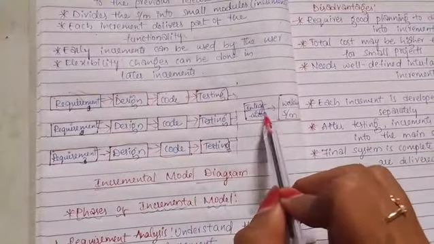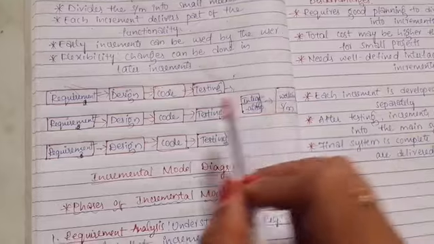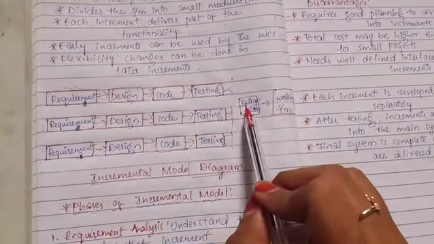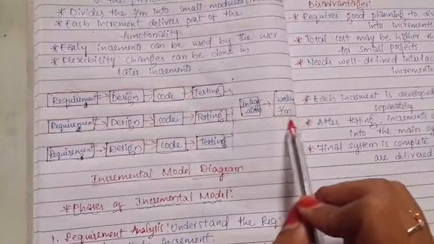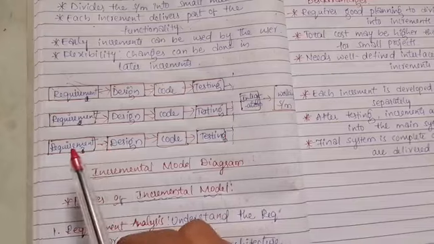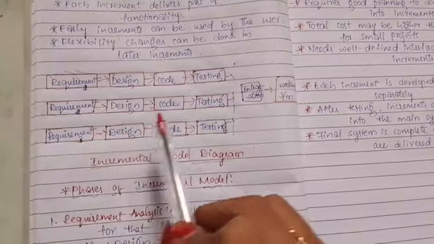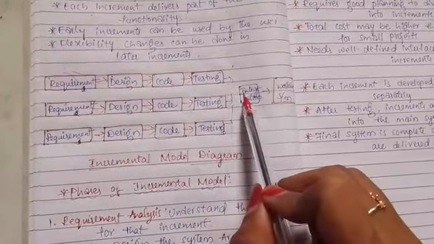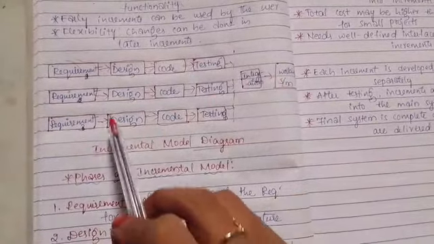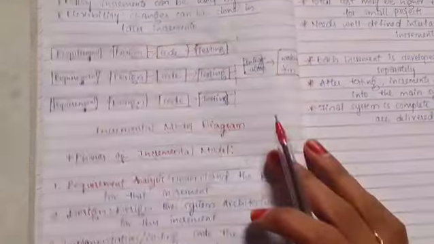It will go to integration and a working system. Then again requirement, design, code, testing, and integration, and the whole working system is ready. If we want, we can change the requirement, design, code and testing again, and it goes to integration and the whole working system. This is the incremental model diagram.